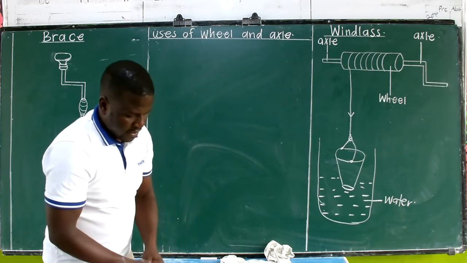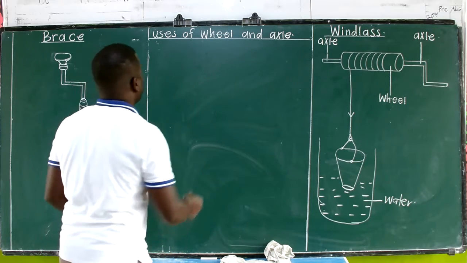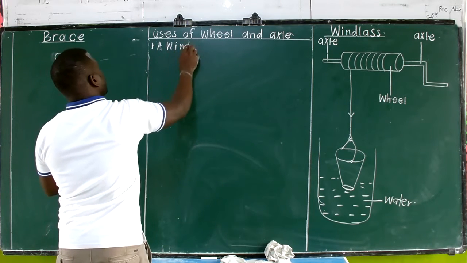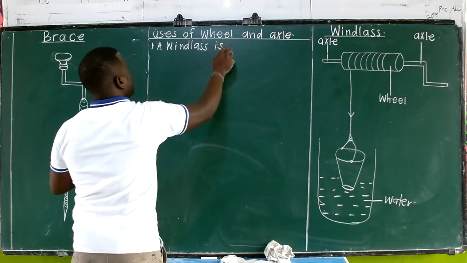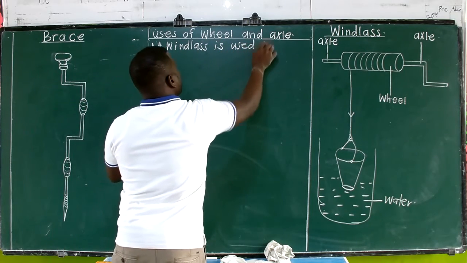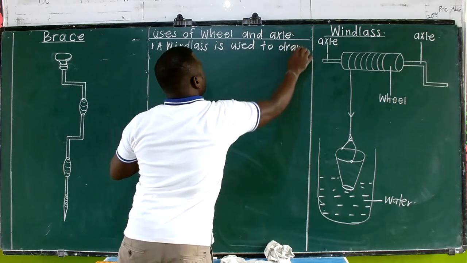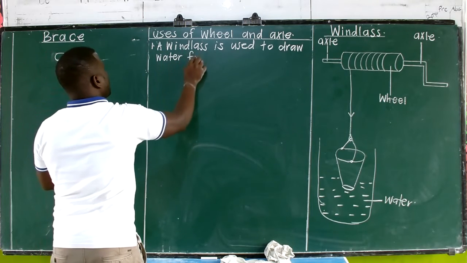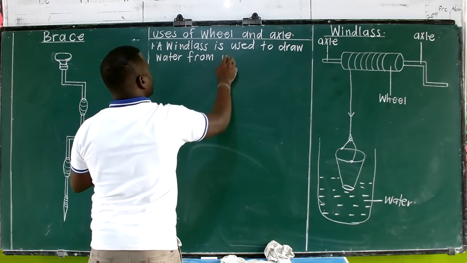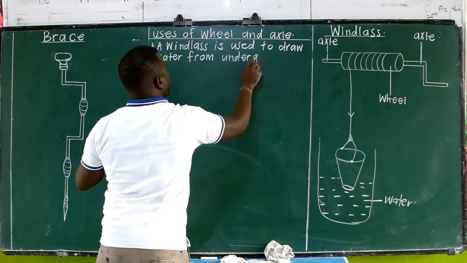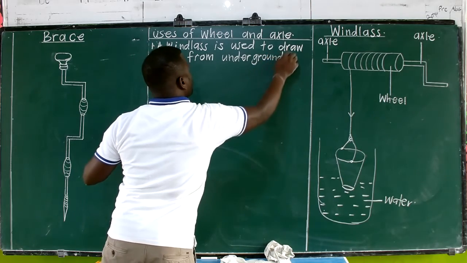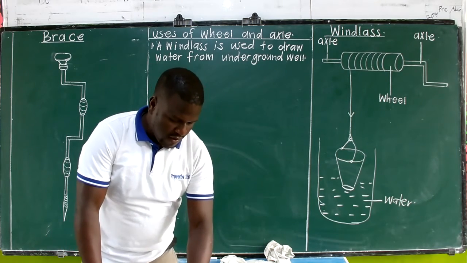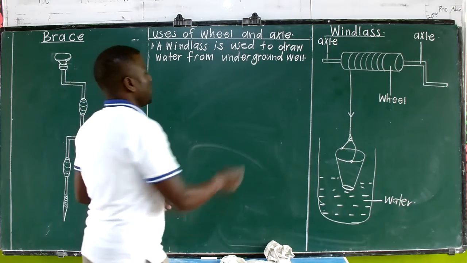A windlass is used to draw water from underground wells.